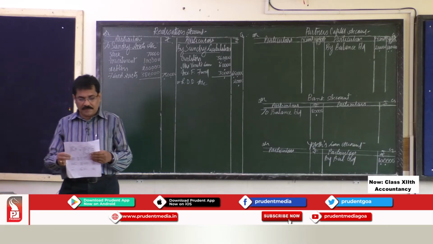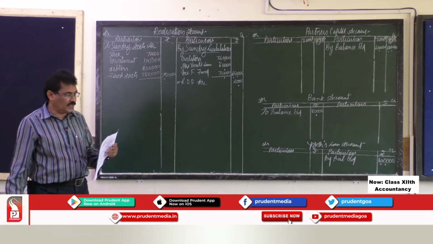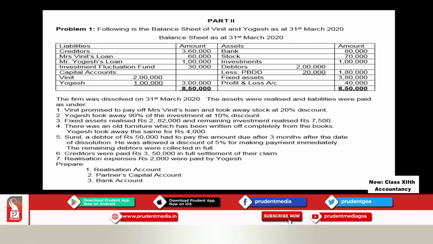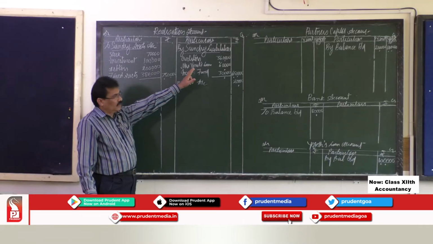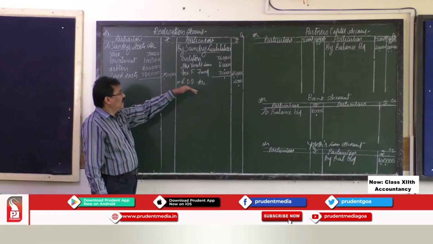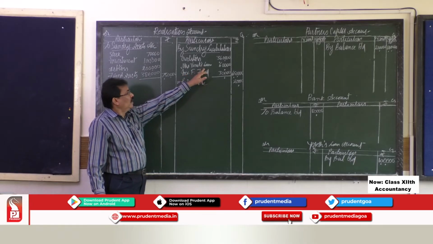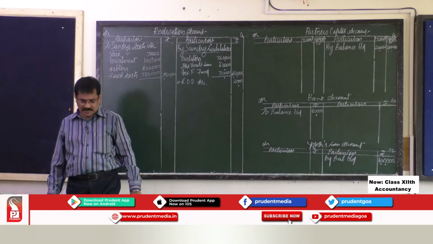He says the firm was dissolved on 31st March 2020 and assets were realized and liabilities paid were as follows. One, Vineet promised to pay off Mrs. Vineet's loan. Actually, Mrs. Vineet's loan is an external liability. The firm has to pay actually, but here Vineet agreed to discharge the loan of his wife.